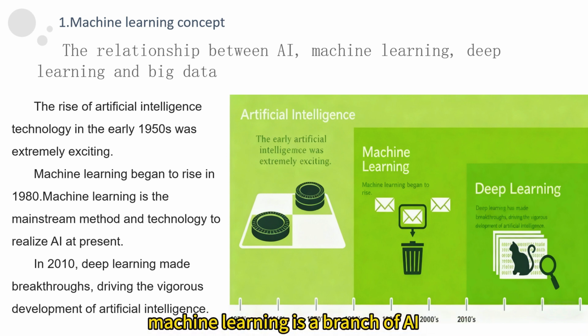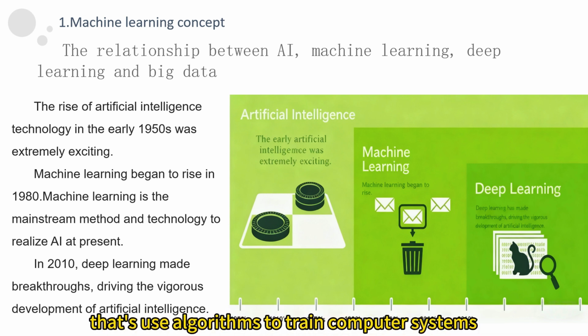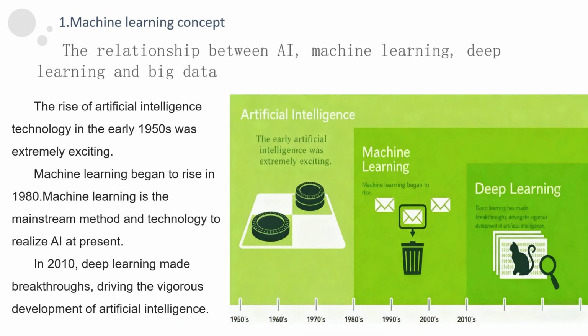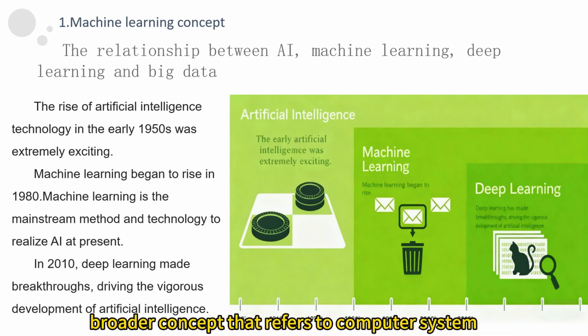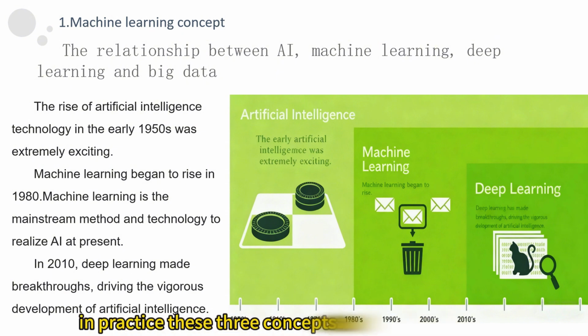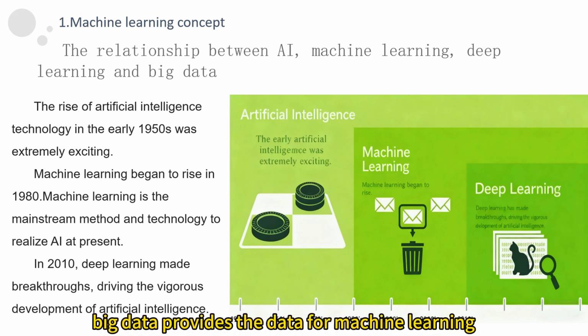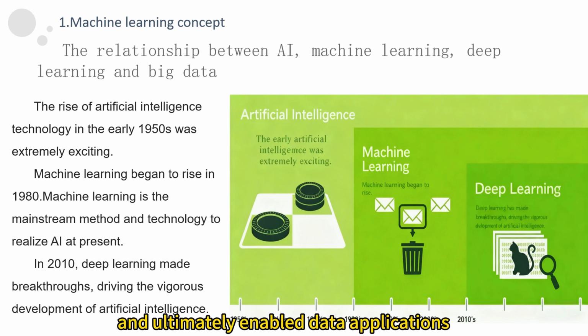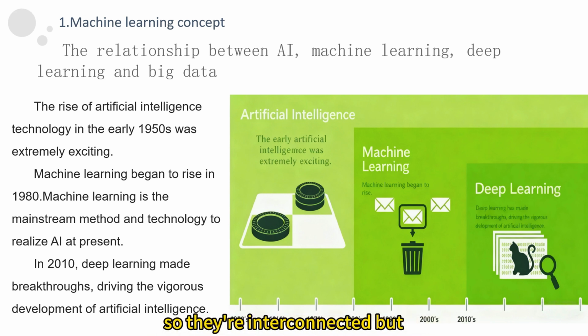Machine learning is a branch of AI that uses algorithms to train computer systems to learn from data and improve performance. And AI is a broader concept that refers to computer systems that possess human-like intelligence. In practice, these three concepts are closely related. Big data provides the data for machine learning, which can build more accurate and intelligent models, and ultimately enable data applications. So they're interconnected, but each has its own unique characteristics and research directions.